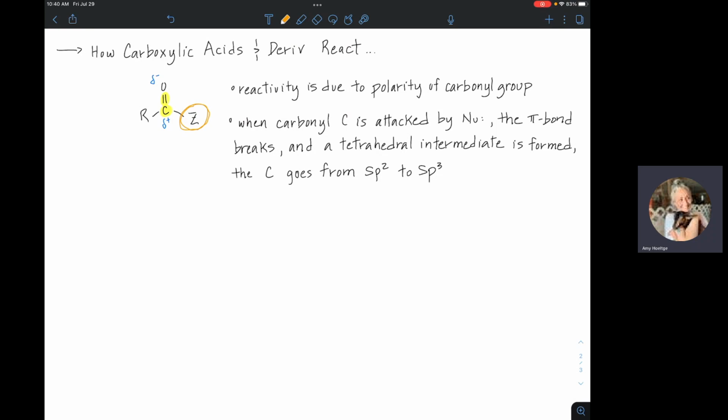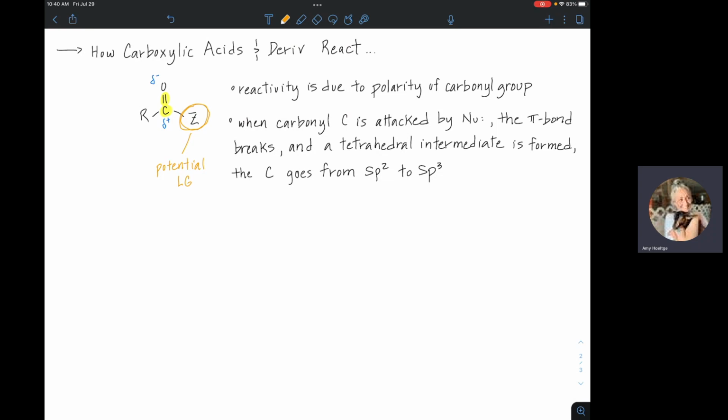If your nucleophile is a weaker base than the leaving group, in this case, Z would be our leaving group, then the nucleophile will take off again, and then no new product will be formed, and you'll be staring at starting materials. You won't have a reaction happen.